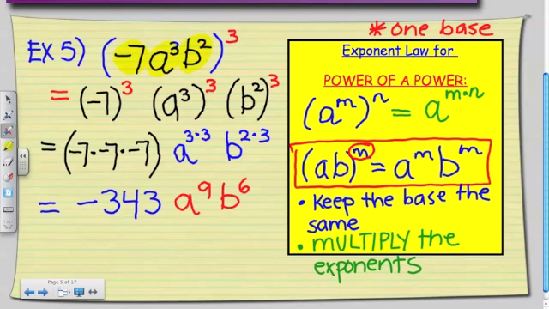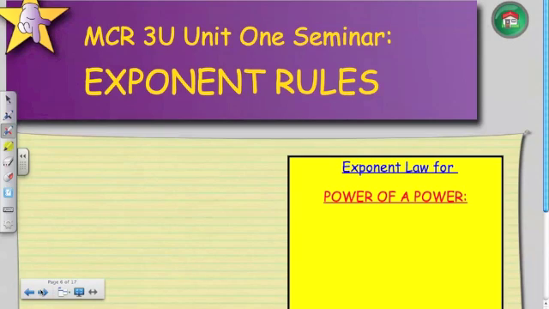So as long as you're breaking everything up into components and dealing with things separately, you're not going to have any problems. The problems arise when you start mixing up steps and applying the rules in the wrong order. So let's look at one more of these. Power of a power rule. Example 6.